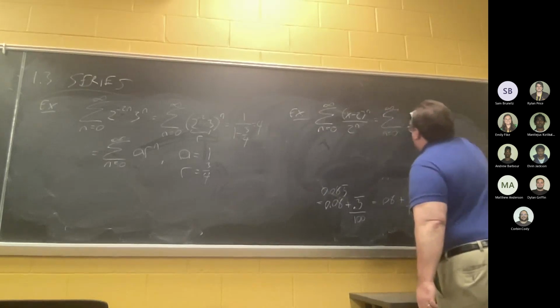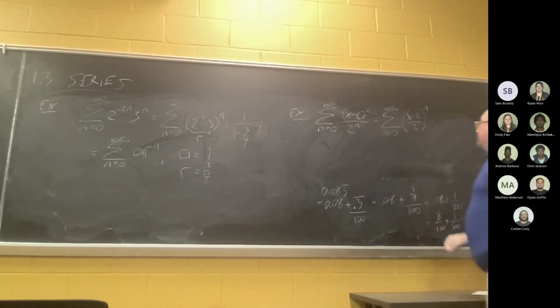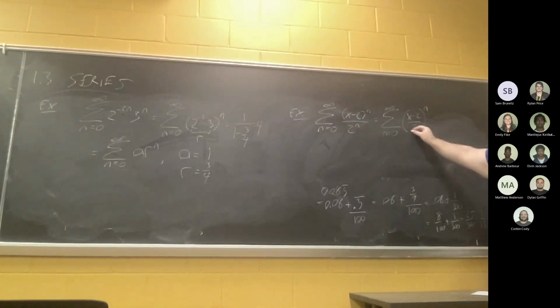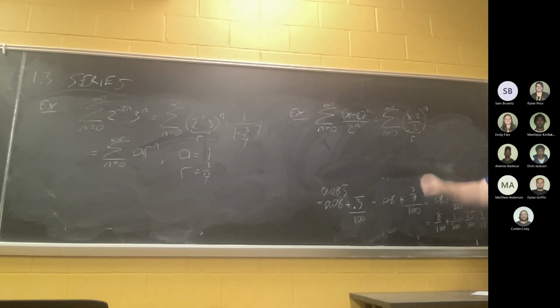It's a function of x. So this number here is the r, x minus 2 all over 2. So whether this series converges or not depends on the value of x.